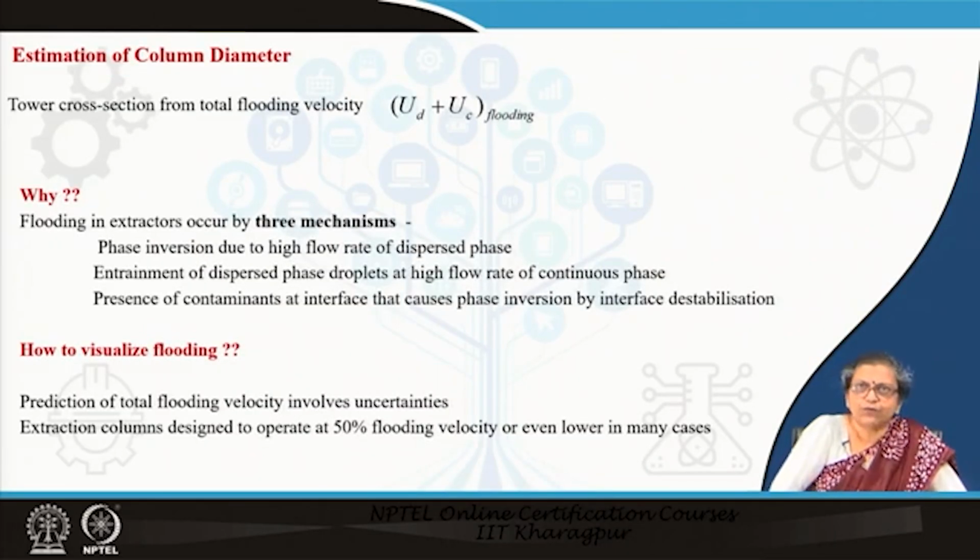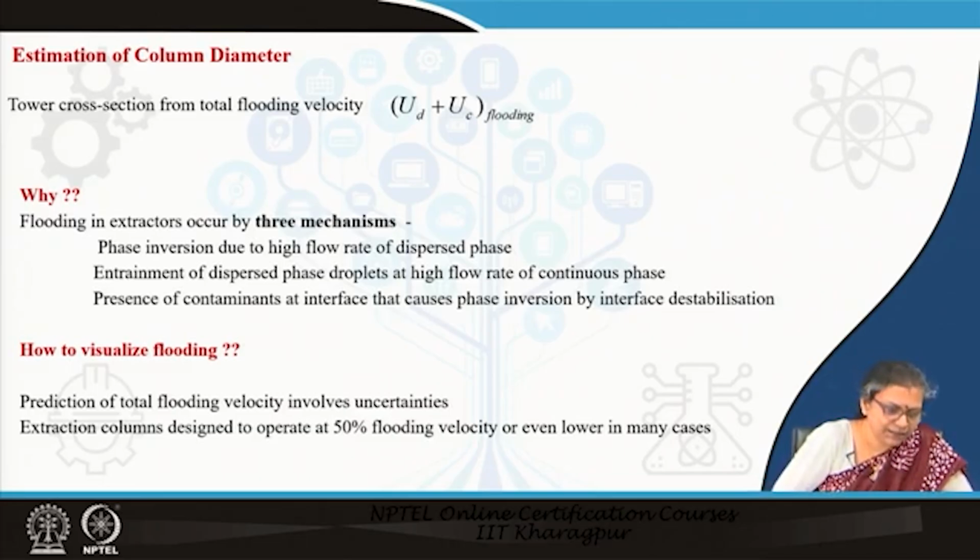Well, so therefore, once the column height has been decided, the next thing is estimation of column diameter. Again, I will go back to your column internals that you have studied, when you were studying vapor liquid, gas liquid contacting. How did we find out the column diameter?